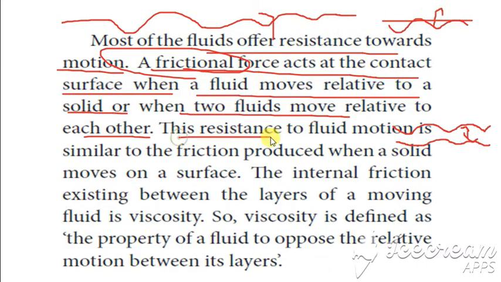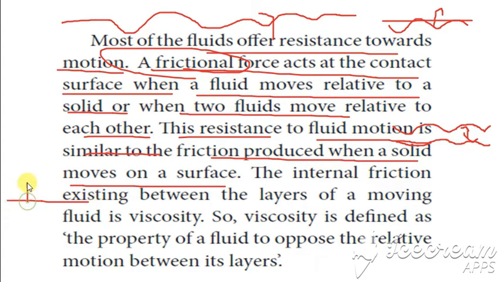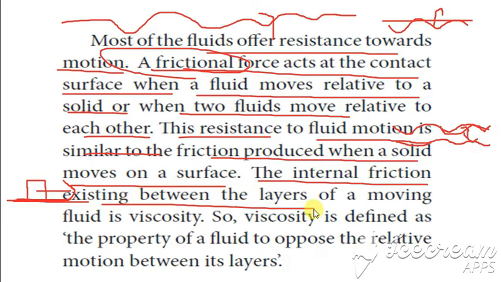This resistance to the fluid motion is similar to the friction produced when a solid moves on a surface. When a solid is made to move on any surface, there is friction. That friction and this resistance are the same, and the internal friction existing between the layers is called viscosity.